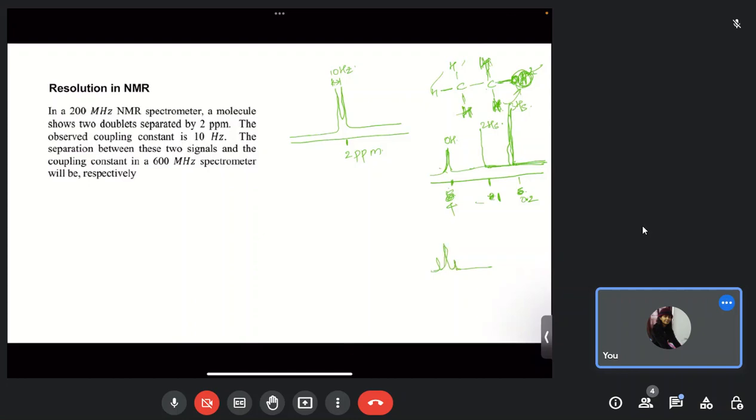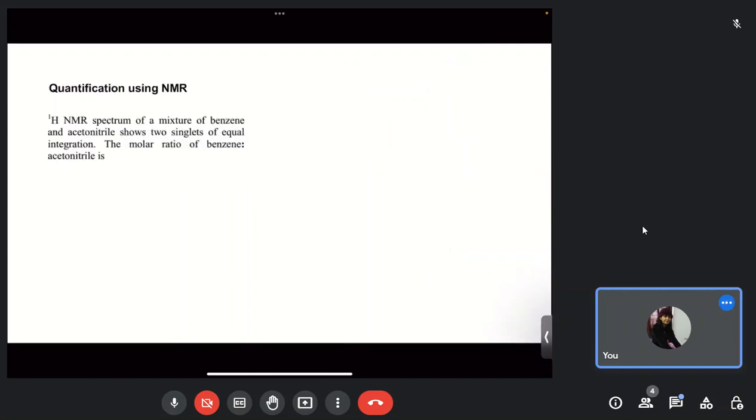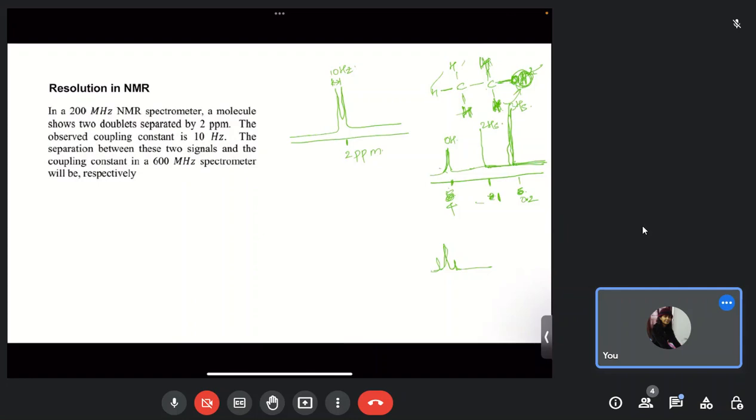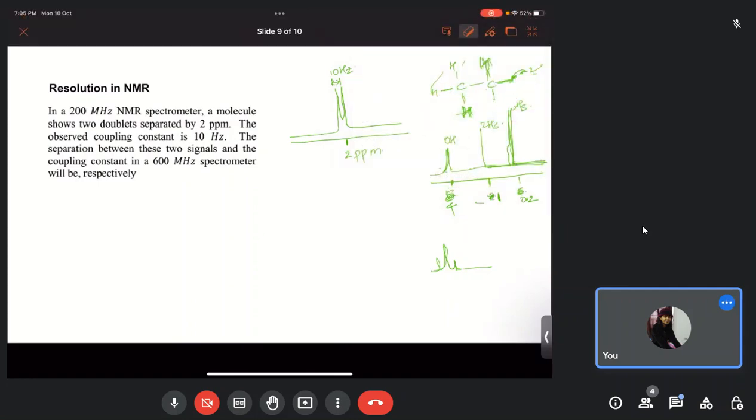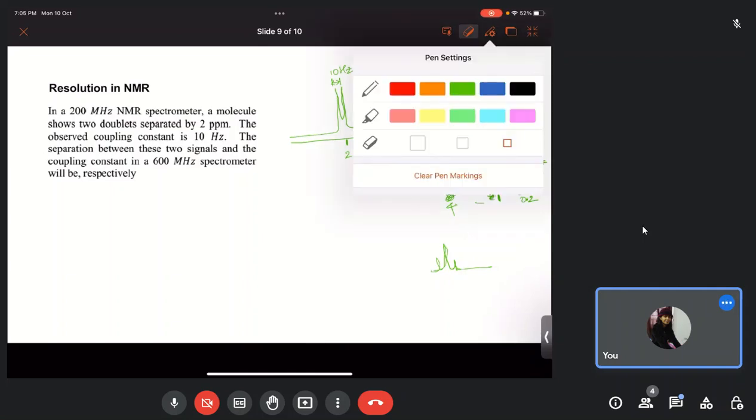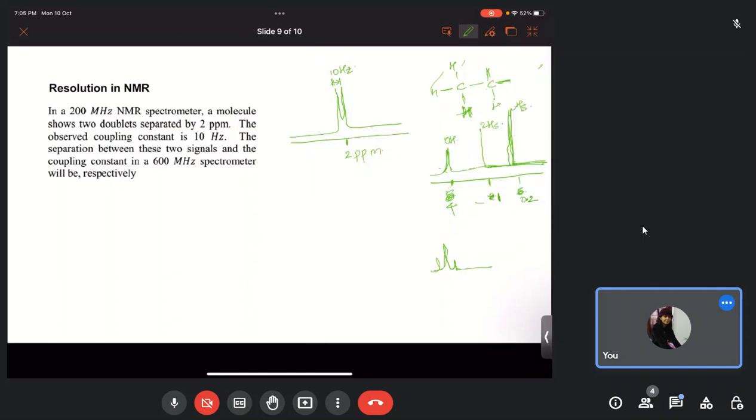In the case of these 2 protons, they are next to 1, 2, 3, 4 neighboring protons, so it will form 5 lines.